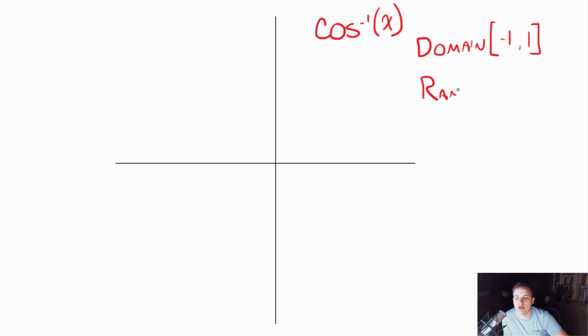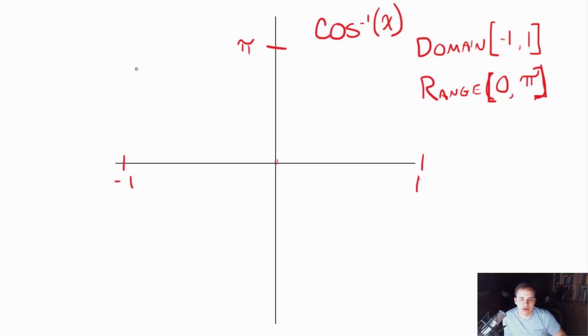And the range is going to be between 0 and pi, and those need to be brackets. So the domain is between -1 and 1, so let's call this -1 and this 1. And the range is between 0, which is here, and pi, which is up here, okay?